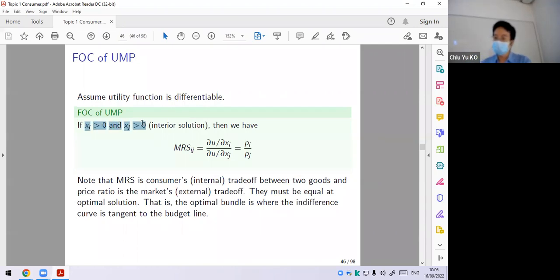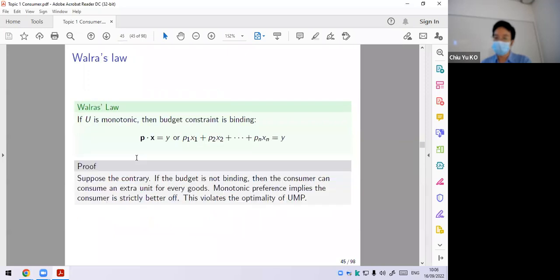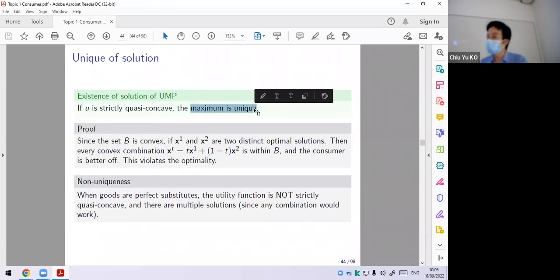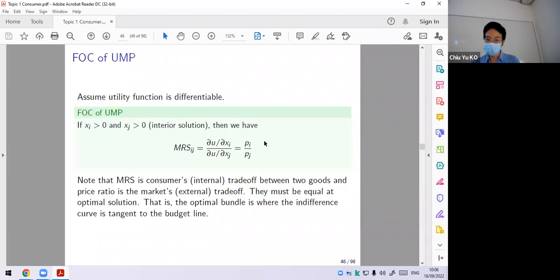Do note that saying the maximum is unique doesn't imply anything about interior or corner solution. So assume it's an interior solution. What we get is that the marginal rate of substitution should be equal to the price ratio.